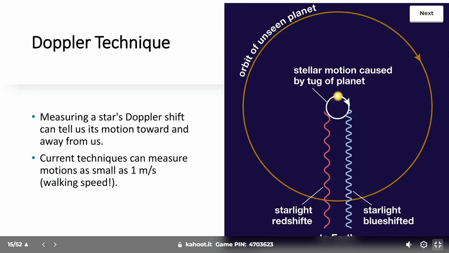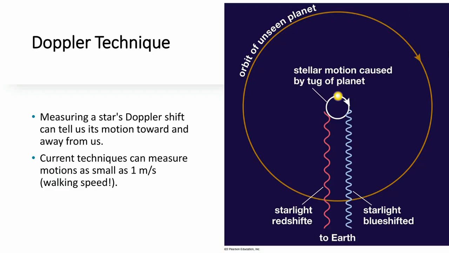One of the ways that we can do that is with the Doppler technique. So let's say we are observing a star, and at sometimes we see the star's light being blue shifted, and then at other times we see that star's light being red shifted. That's evidence that this star is orbiting the center of mass of its solar system, and that's evidence that there has to be other mass other than the star's mass in that solar system.